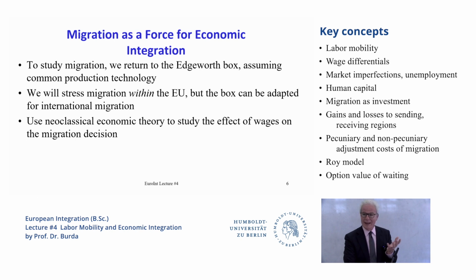Now we're looking at the wage as the main driver for migration. And I'm going to show you some evidence in a second, some tables that show how amazingly different wages were in 1990 when the wall fell between Germany, East and West, or between Poland and Germany in 2000, or Bulgaria and Germany, and even now Albania.